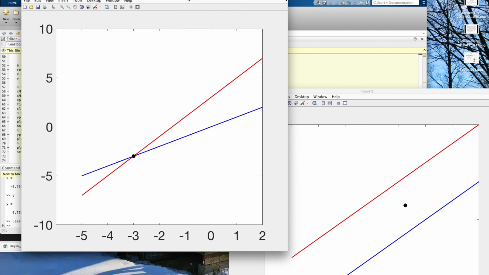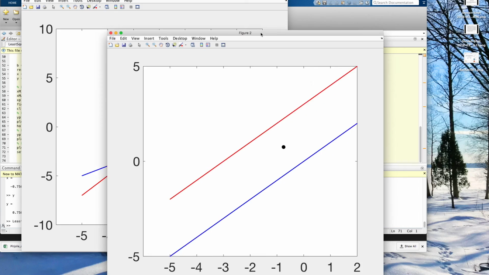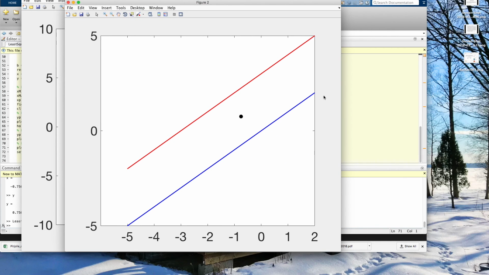There, the distance to both of the lines is 0, and one cannot do any better than that. In this case, actually, there is an infinite number of points in the plane that are at equal distance from both of those lines. I think you can probably guess what it is. It's the line that has the same direction as these red and blue lines, and it's going exactly halfway between those two. Any of those points on the line exactly halfway between those is kind of satisfying both of those equations as well as possible simultaneously.